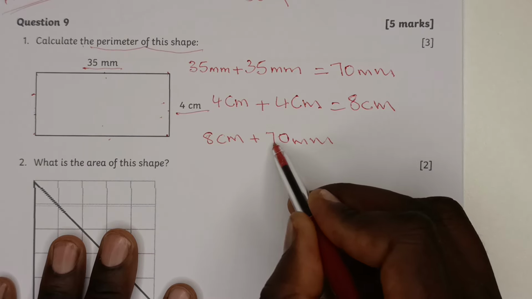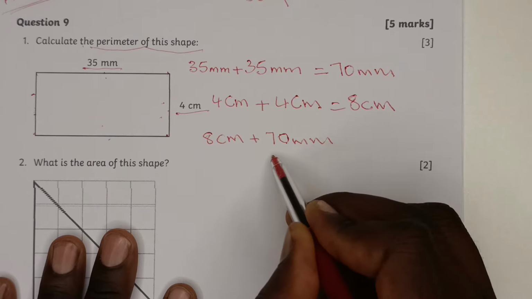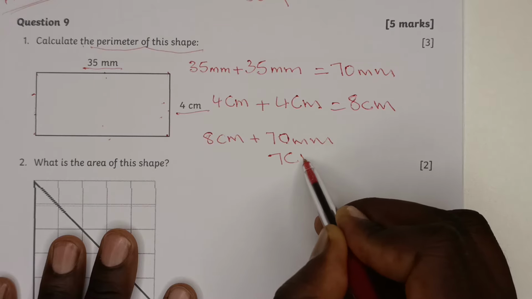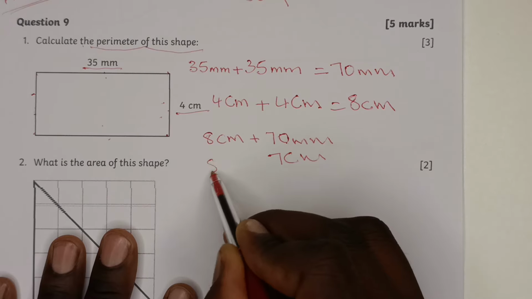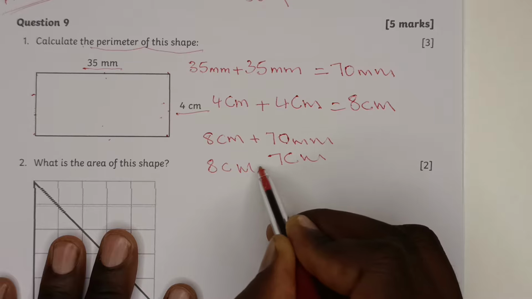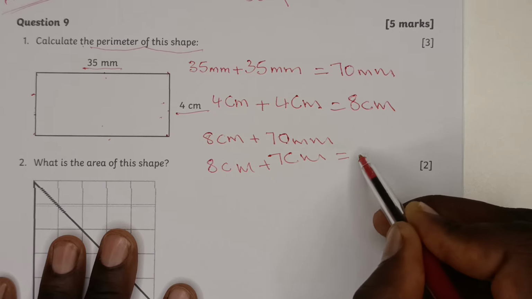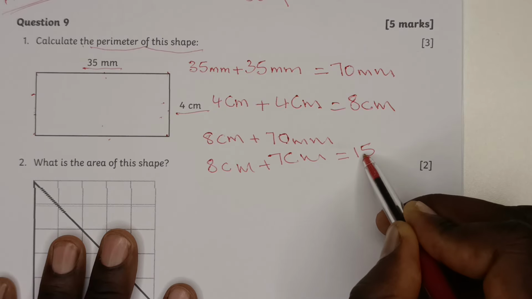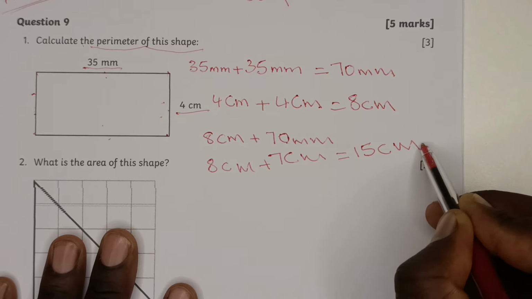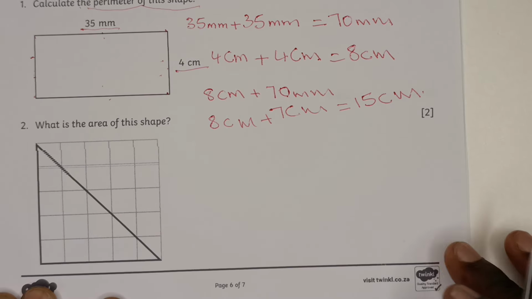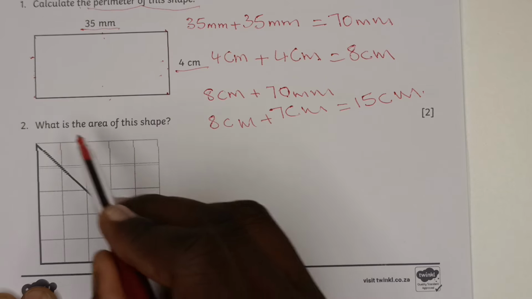Remember that 70 millimeters is the same as 7 centimeters plus 8 centimeters. Then we get 15 centimeters.